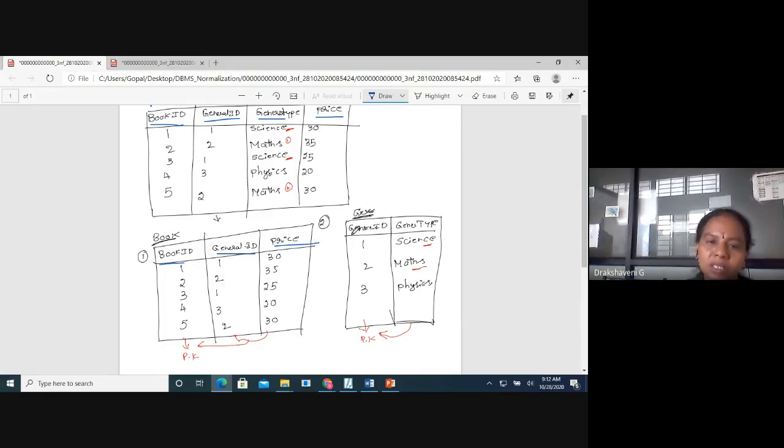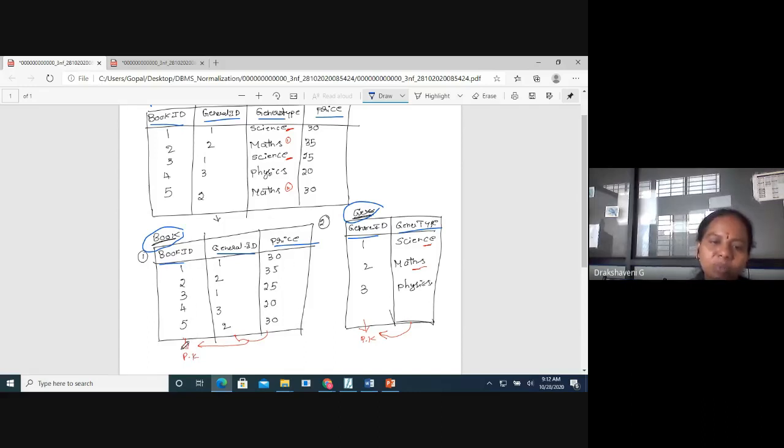The first table is book. The next table we are making is genre ID, genre type. So 1, 2, 3, 4 and 5. Genre ID 1, 2 and 3. Price is 30, 35, 25, 20, 20.